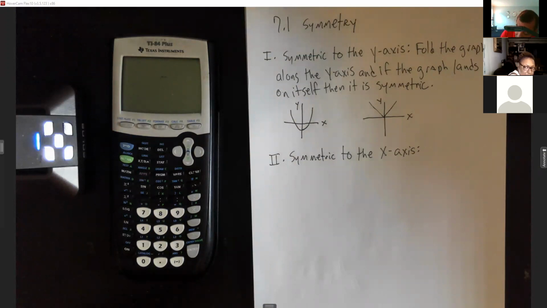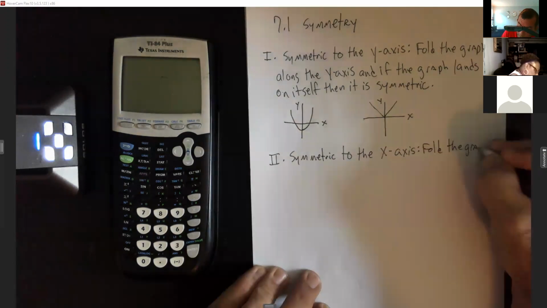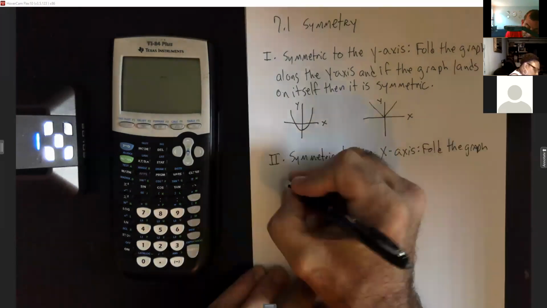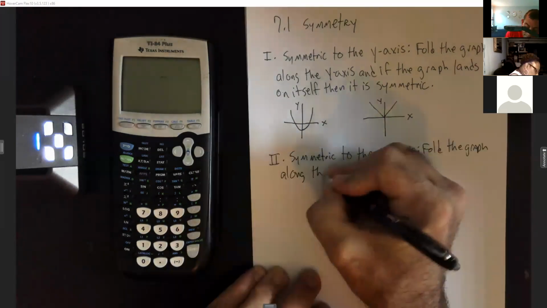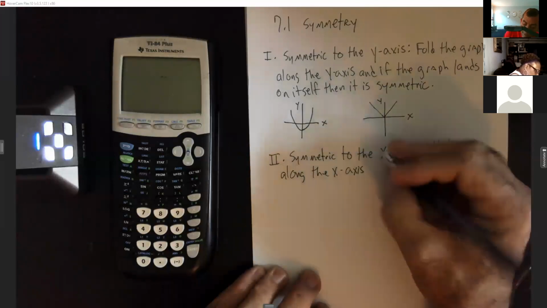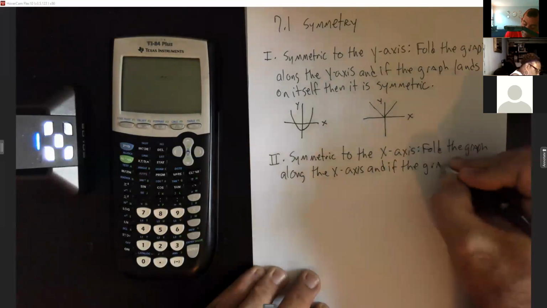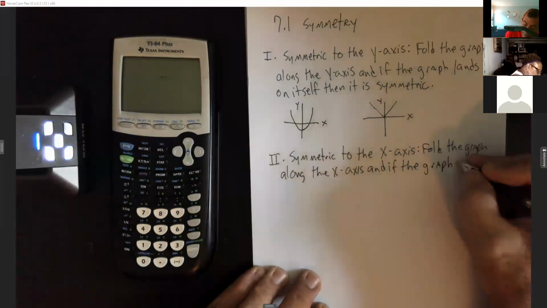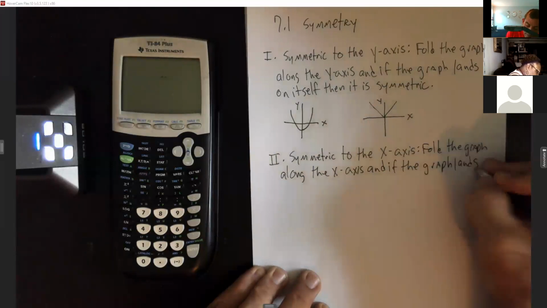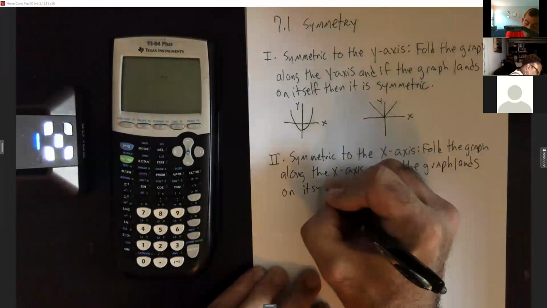So the same thing, I'm going to fold the graph along the x-axis, and if the graph lands on itself, then it is symmetric.